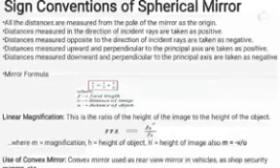And linear magnification is the ratio of the height of the image to the height of the object. That is, m = h'/h. h' is height of image and h is height of object. You can also write it as h1, h2.